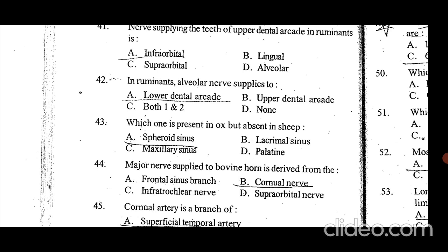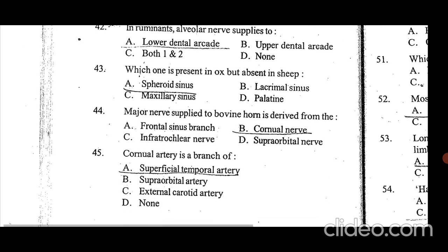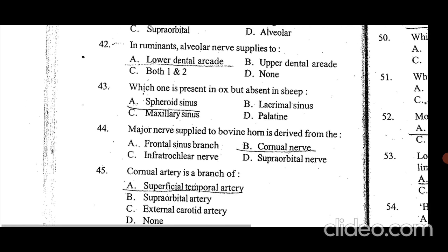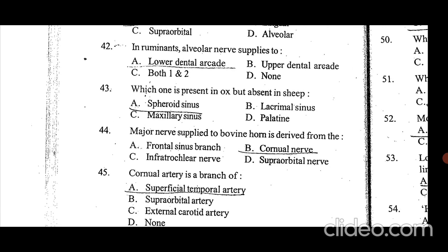The cornual artery is a branch of the superficial temporal artery, which is the artery that supplies the temporal region.